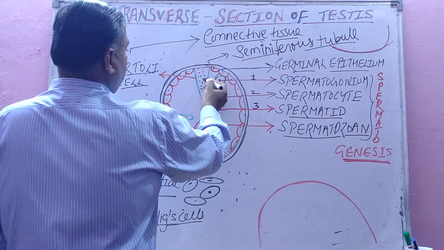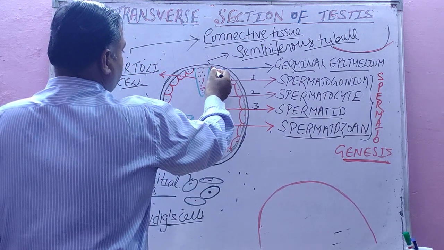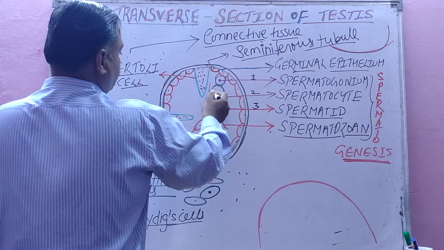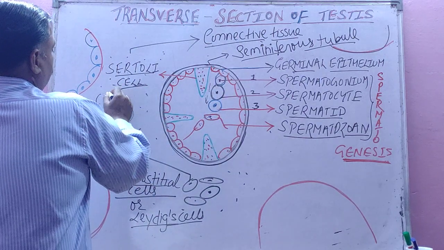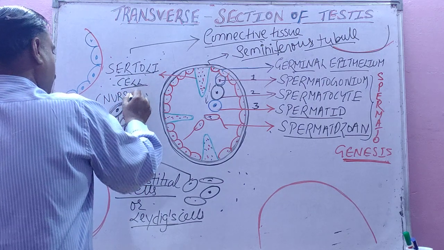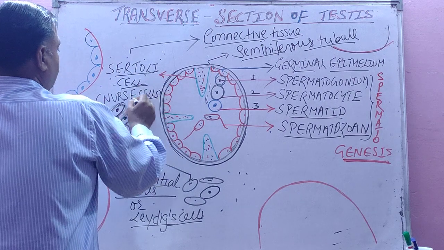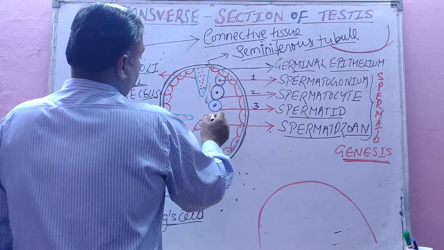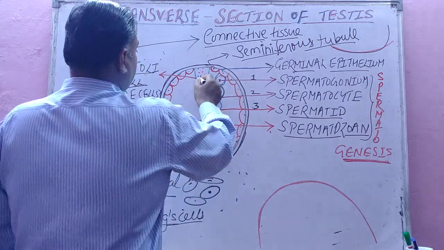Student, these Sertoli cells provide nourishment and support to these developing spermatocytes. It is also called nurse cell. In the NEET course, these are also called nurse cells because they nourish the developing spermatocytes or spermatozoa and provide support.